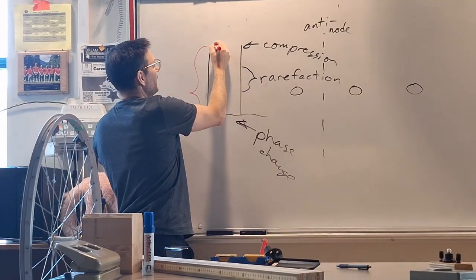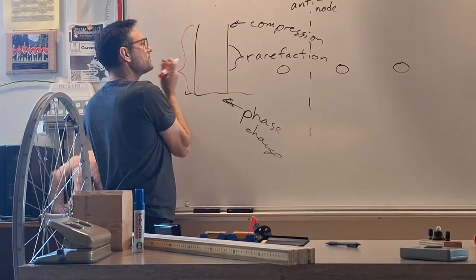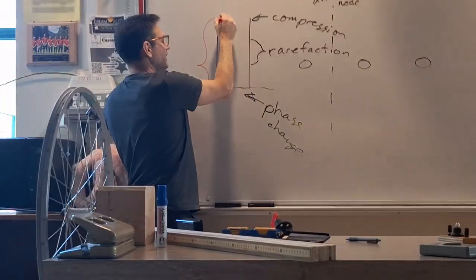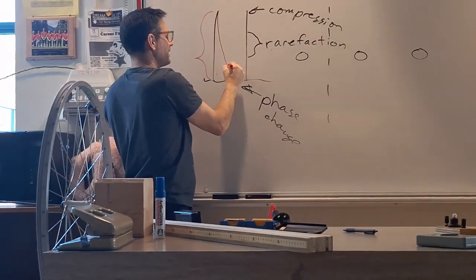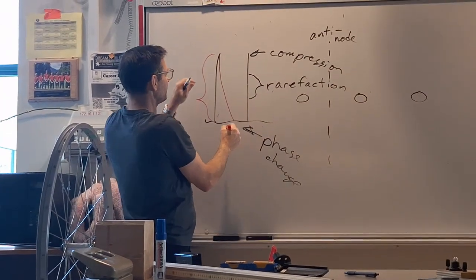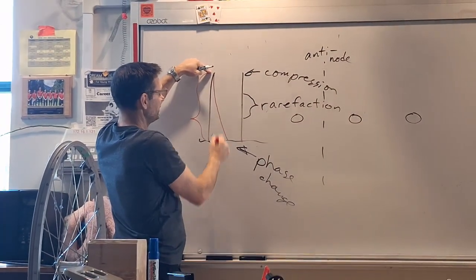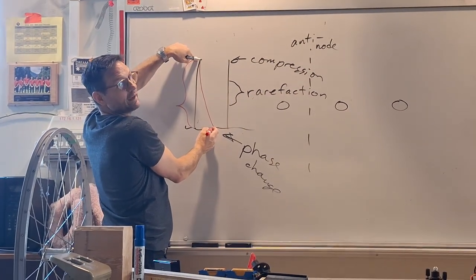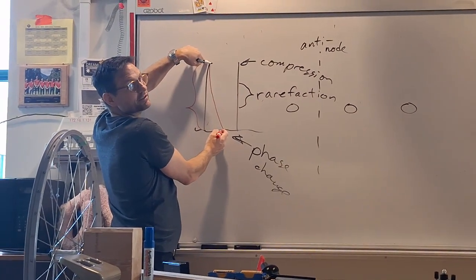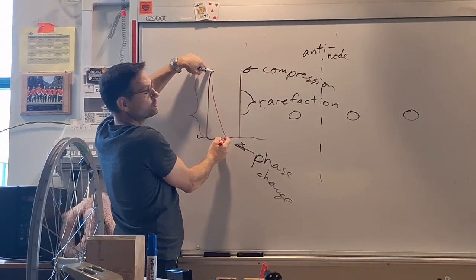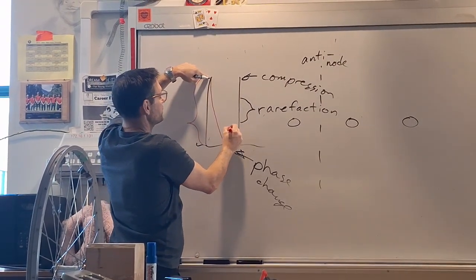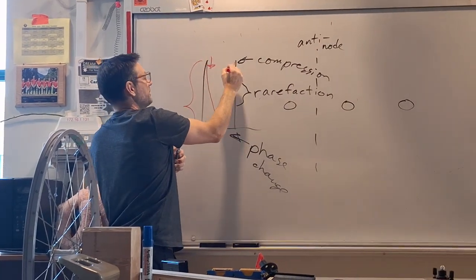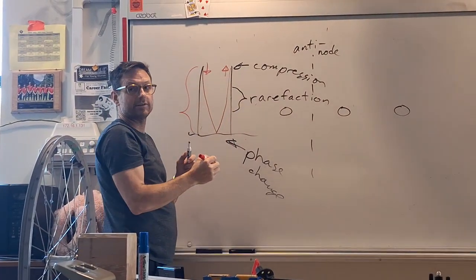But how can we draw it? I'll say like coming down like this. If this is a peak, it's going to come down, and instead of going back as a peak, it's going to go back as a trough. So it's going to reverse direction and go like this. This one is moving down and this one is moving up.